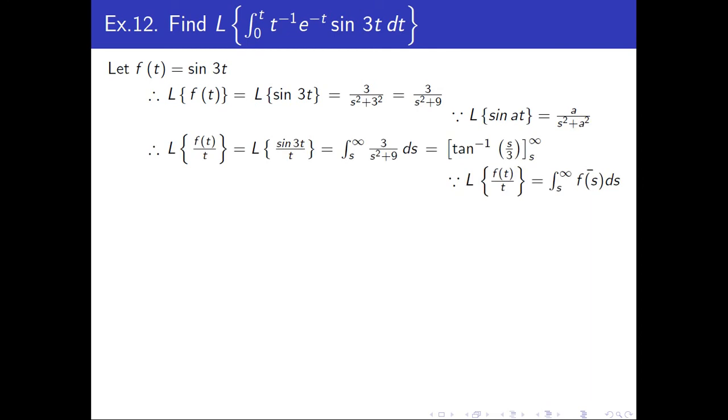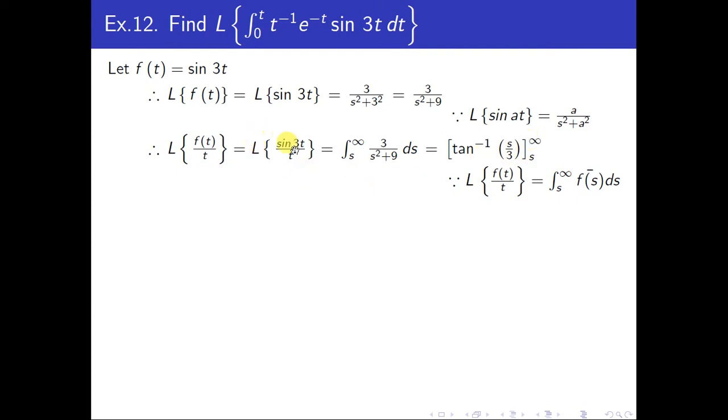Therefore, Laplace transform of f of t by t, because here we have t inverse, and t inverse can be written as 1 upon t. Therefore Laplace transform of sin of 3t upon t is equal to integration from s to infinity of 3 upon s square plus 9 ds, and integration of 3 upon s square plus 9 is tan inverse of s by 3, with limits from s to infinity.